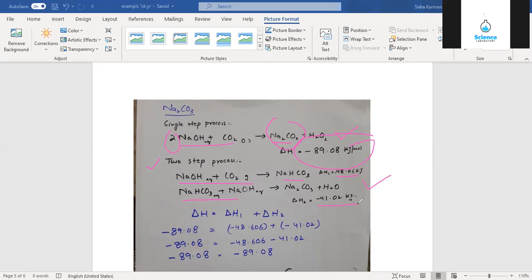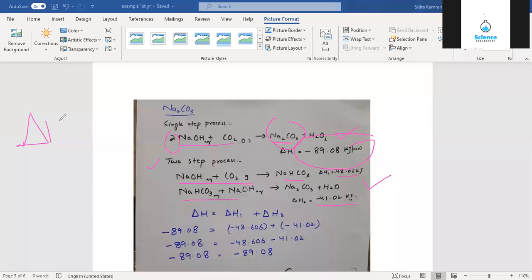As I said, the enthalpy change for a direct reaction will be equal to all the enthalpy changes when you are forming the product by more than 1 route.